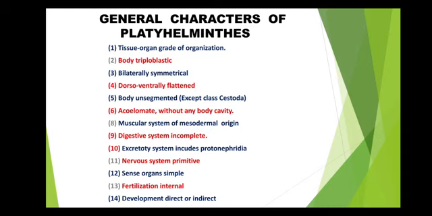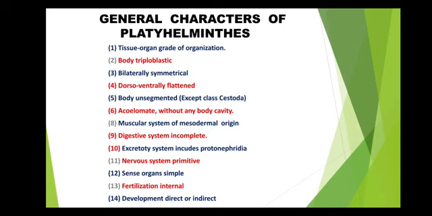Nervous system primitive, ladder-like, comprises a pair of anterior ganglia with longitudinal nerve cords connected by transverse nerves. Point number 12, sense organs simple, eye spots or photoreceptors in free living forms.